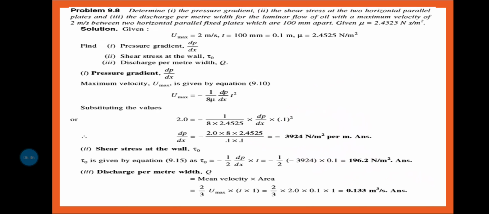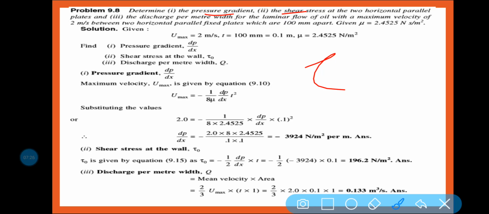Determine the pressure gradient. Again you have to calculate the pressure gradient, the shear stress tau at the two horizontal parallel plates, and the discharge per meter width for the laminar flow of oil with the maximum velocity of 2 meter per second between two horizontal parallel fixed plates which are 100 mm apart, and mu is given.